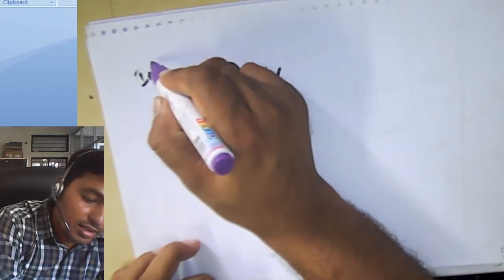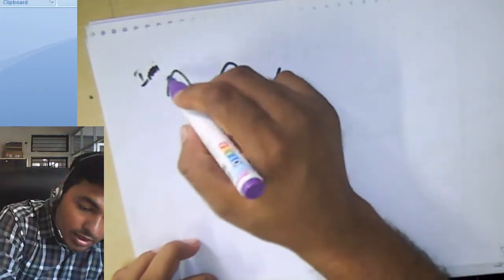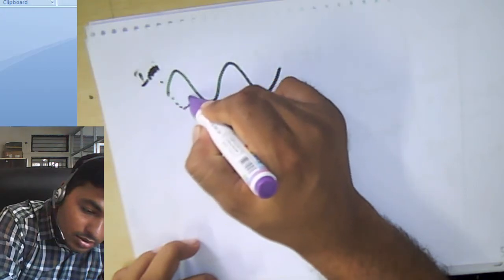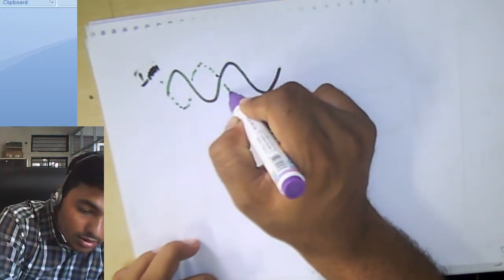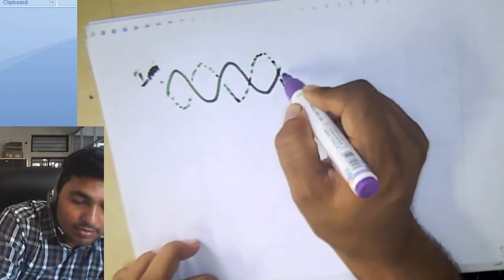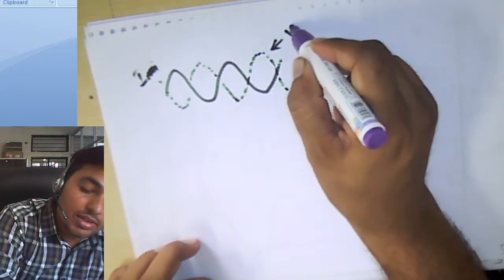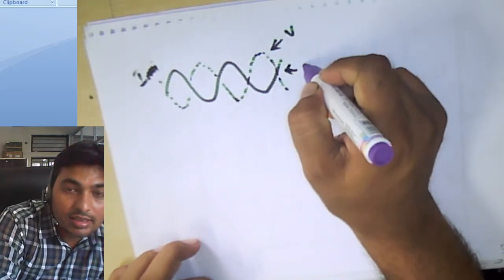Let us take this is our current. Whenever current is maximum, voltage is minimum, and whenever voltage is minimum, current is maximum. So this is our voltage and this is our current.